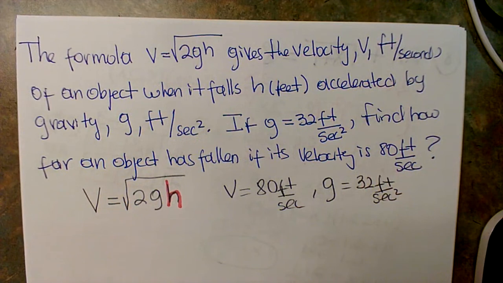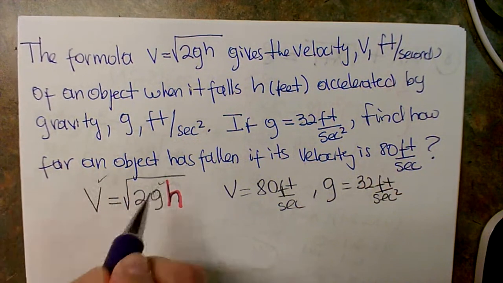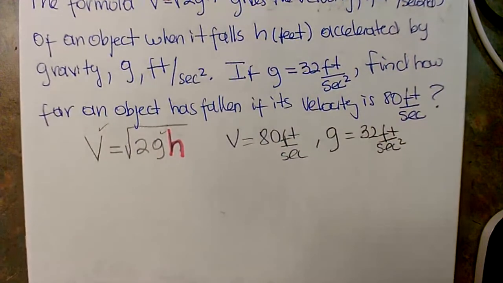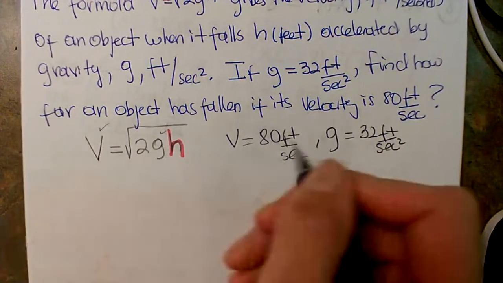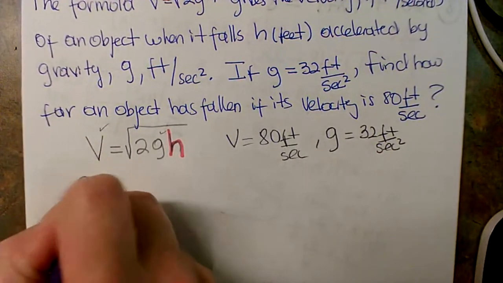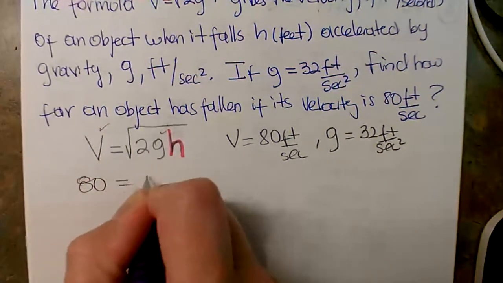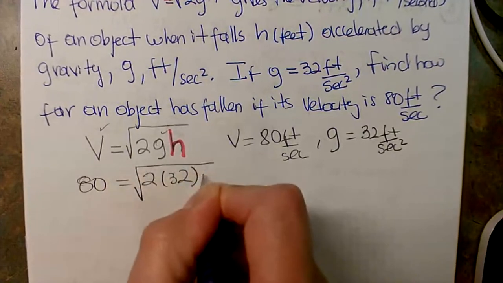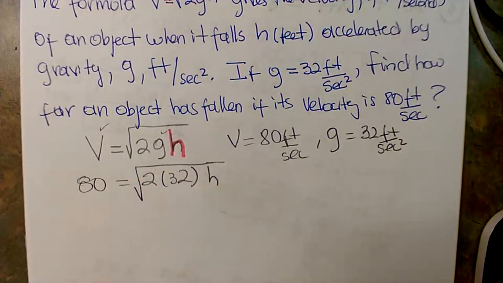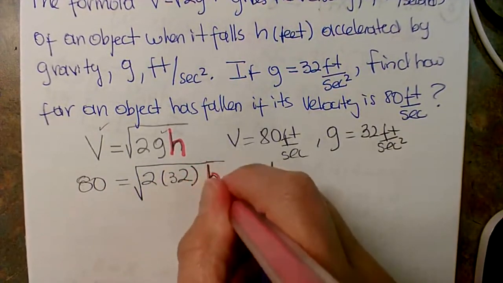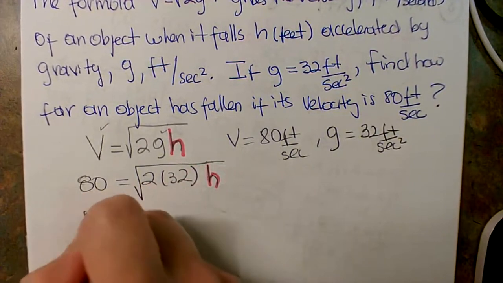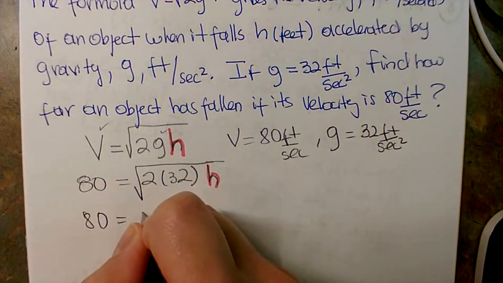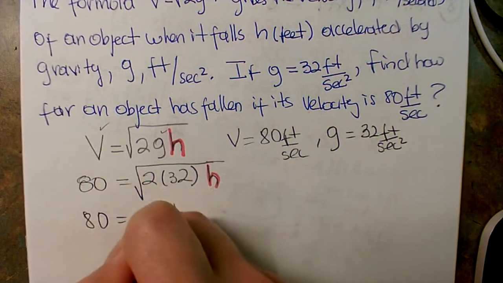Okay, but I have the velocity and I have the gravity. So let me substitute the numbers. Velocity is 80 feet per second. The gravity is 32. So what do I have? I have 80. 32 times 2 is 64.